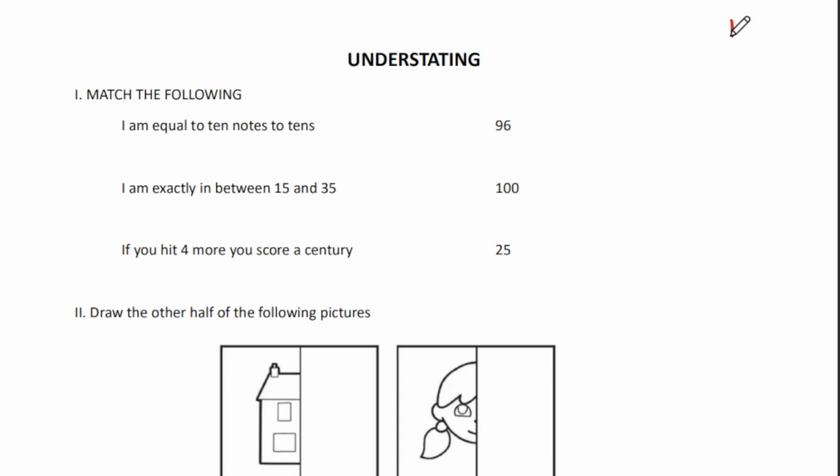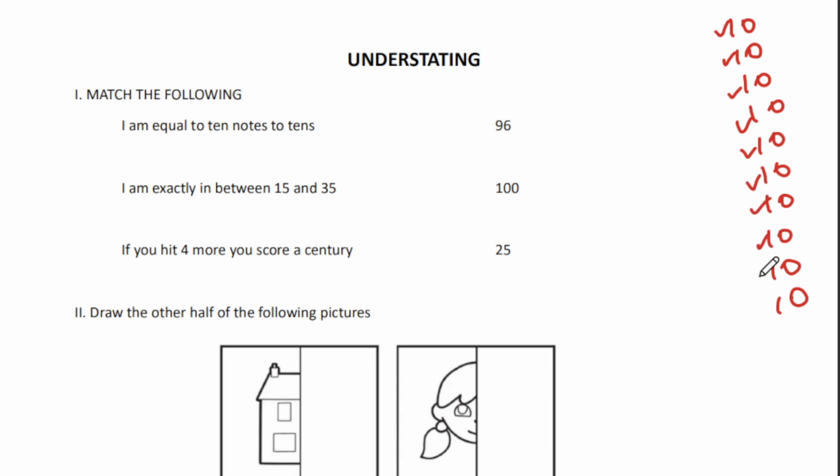So 10 times 10, for example, 1, 2, 3, 4, 5, 6, 7, 8, 9, 10. So 10 times 10 is 10, 20, 30, 40, 50, 60, 70, 80, 90 and 100. So 100.